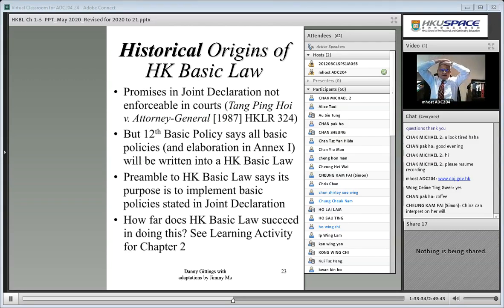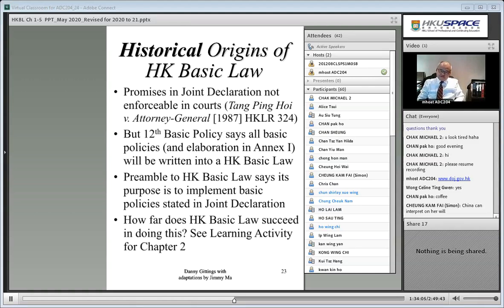Okay, so I think we ran through the key points, the key dates, very quickly, just as a recap. Also, from a legal point of view, whatever is promised or elaborated in the Joint Declaration is not enforceable in courts.